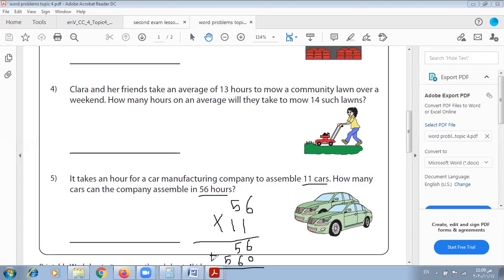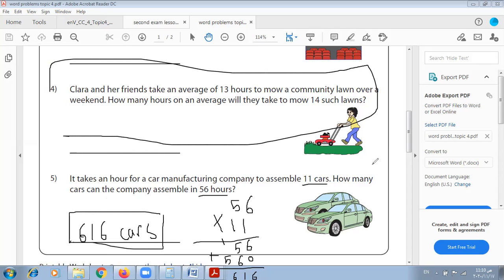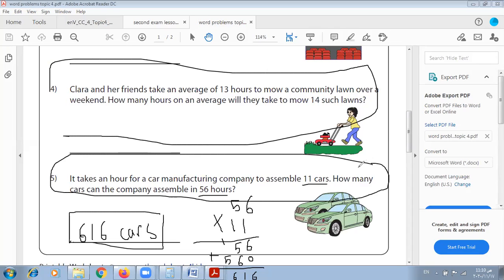Then you add 6 plus 0 is 6, 5 plus 6 is 11, so here is a 1 and here is another 1. 1 plus 5 is 6, so the answer will be 616 cars. Okay, that's it. In exam, you will see questions like this. You need to find out what you need to multiply and then do the multiplication. That's it.